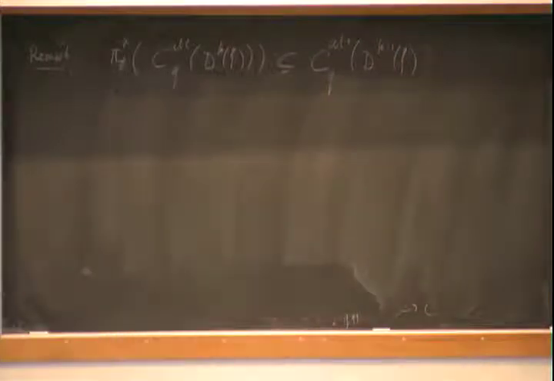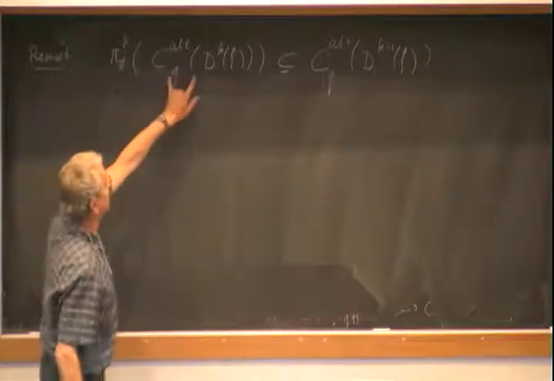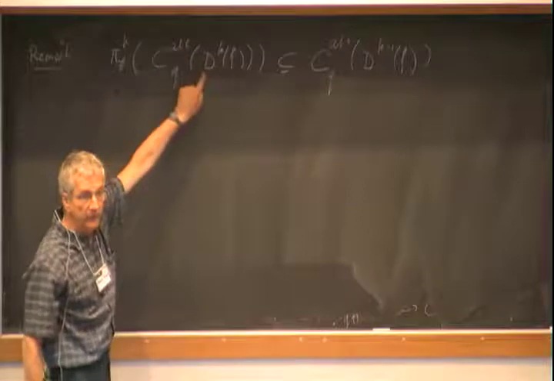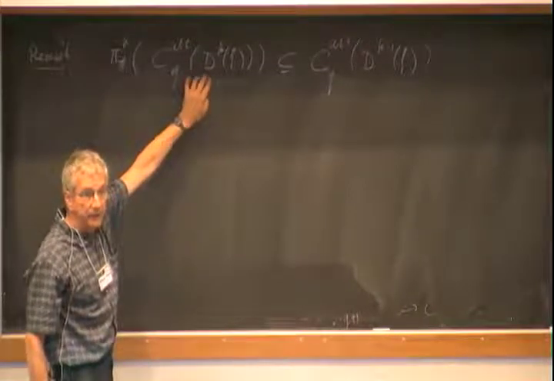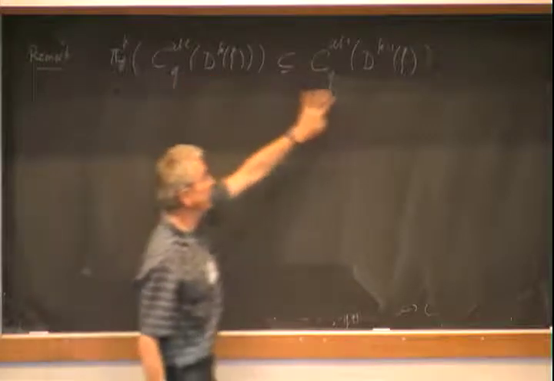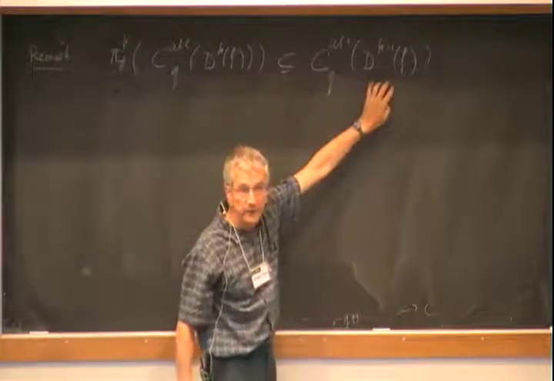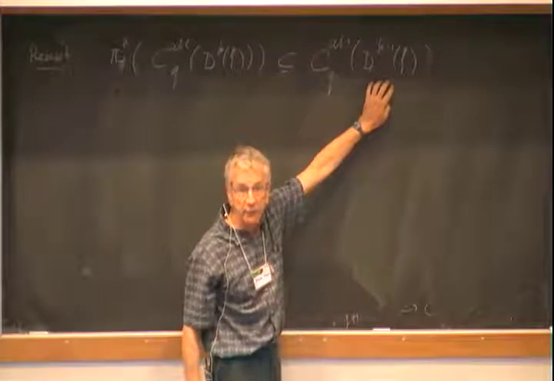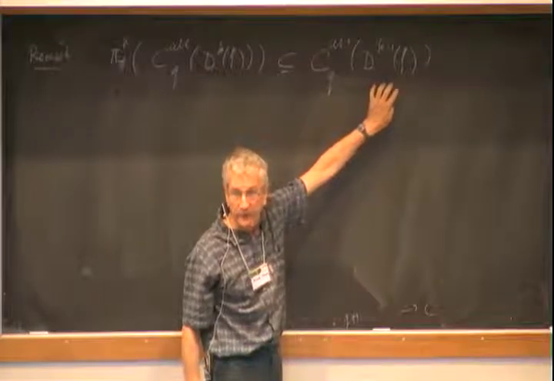That's not completely obvious, because the alt means that all these chains have some property under the action of the symmetric group Sk, and here it means that all these chains have some property under the action of the symmetric group Sk minus 1. So it's a different symmetric group.